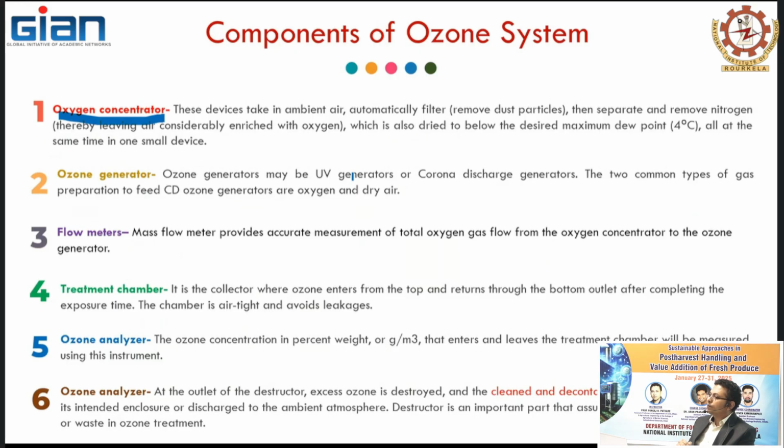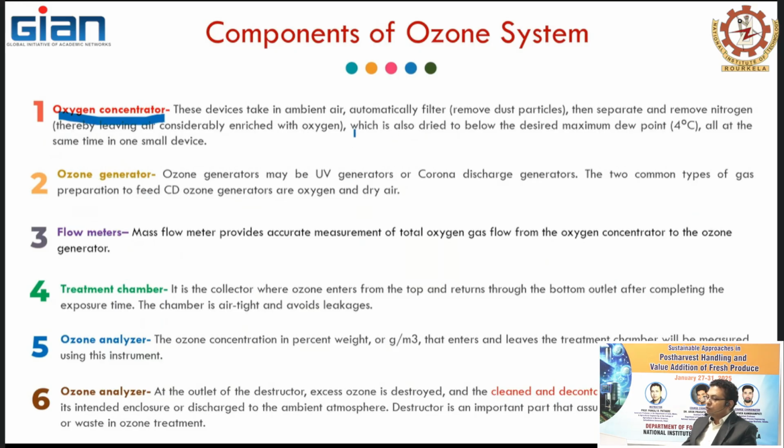So whatever the dust particles are, supposed to be cleaned up with the filtering one time, and then we have to remove, means dry up. So it will help here to possibly remove the nitrogen there. So just the idea here, removing the nitrogen, so the percentage of oxygen is supposed to be increased here.